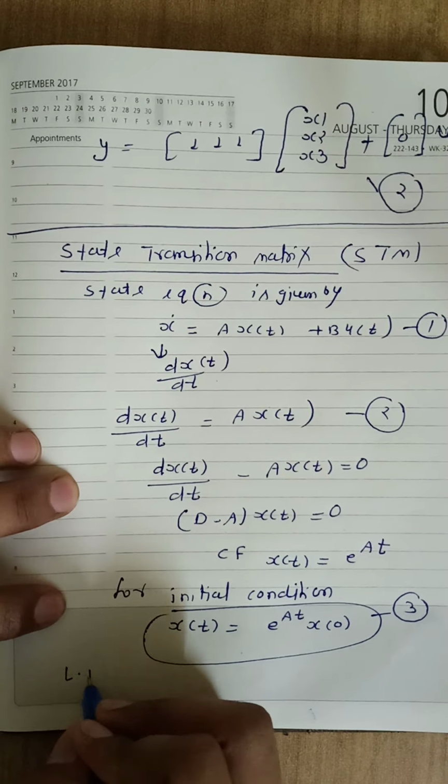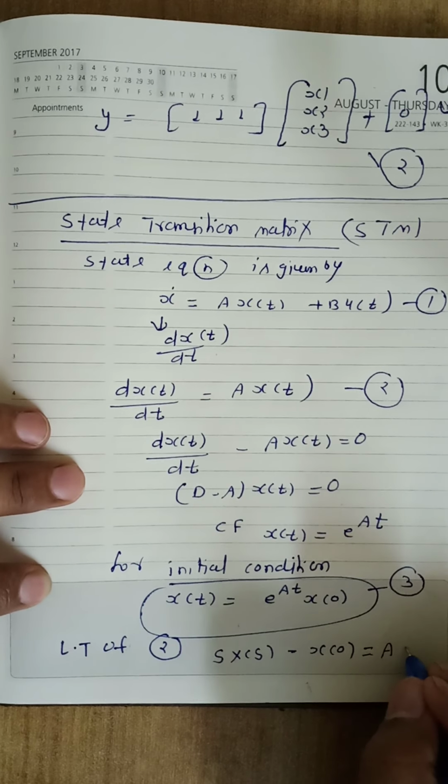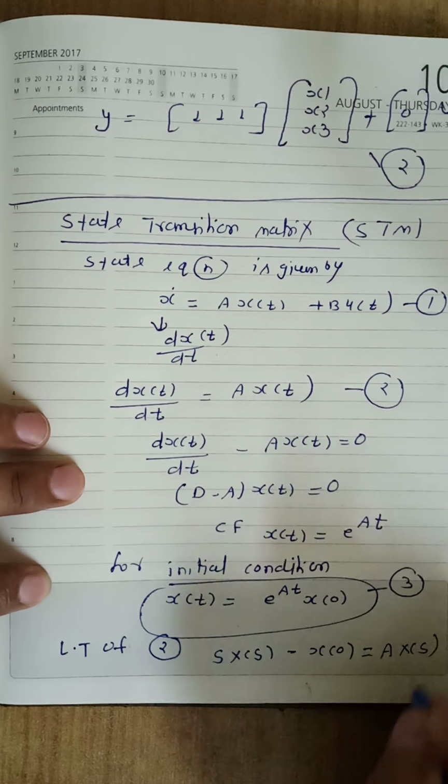So we know the differentiation in time domain property of the Laplace transform. According to this property, the Laplace transform of the left hand side of the second equation is sX(s) minus x0, equal to, for the right hand side, AX(s).